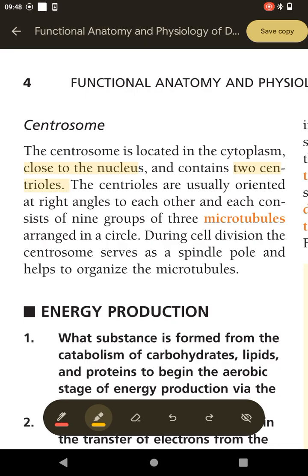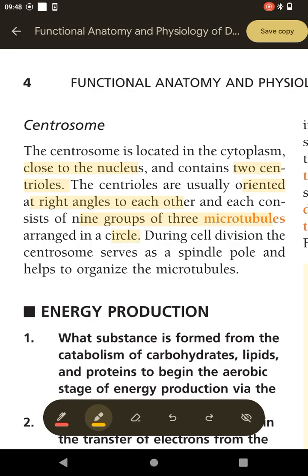The centrioles are structures of microtubules inside the centrosome, oriented at right angles to each other, and each consists of nine groups of three microtubules arranged in a circle.